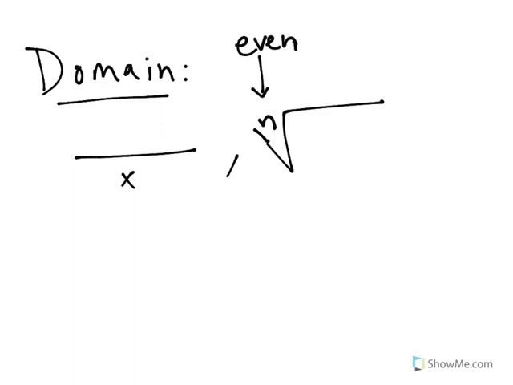But if you have a negative number under a third root or a fifth root, that's actually not a problem. If you take the third root of a negative number, you get a negative number. There's no issues there. So the way we would handle a fraction, we would set the denominator equal to 0 and solve.